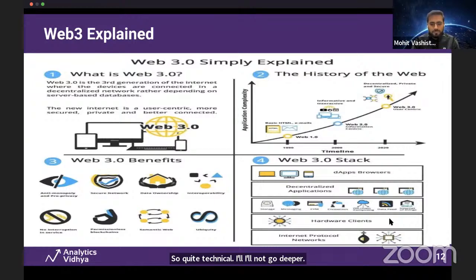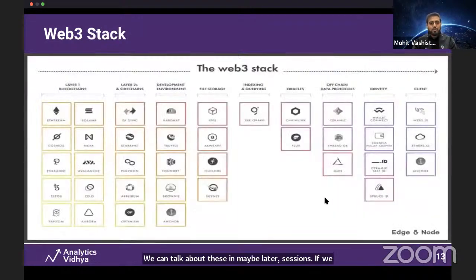So now coming to the actual stack, the Web3 stack. If you want to dive into development of Web3, you can. These are actually layers.